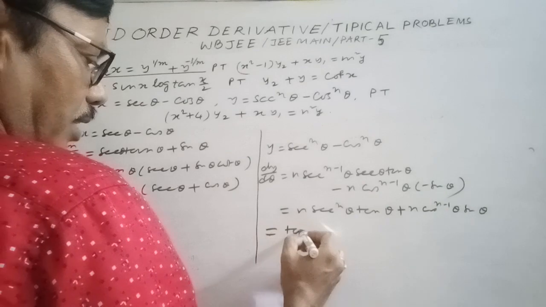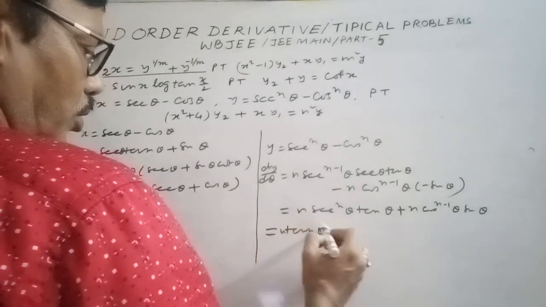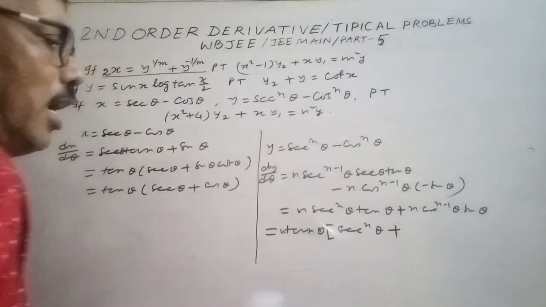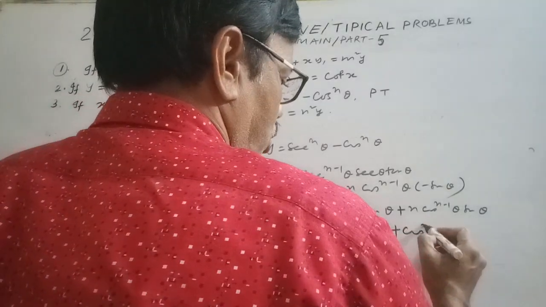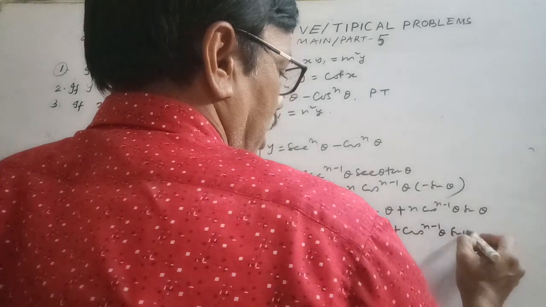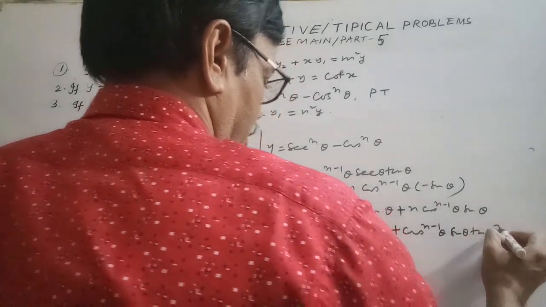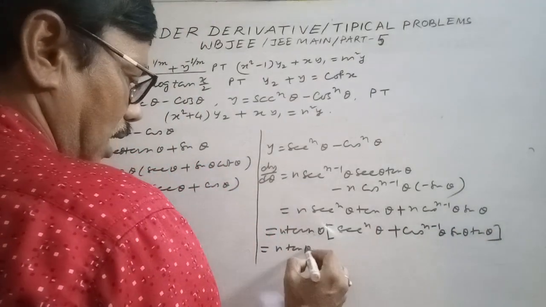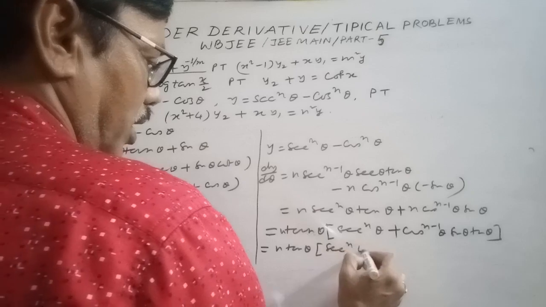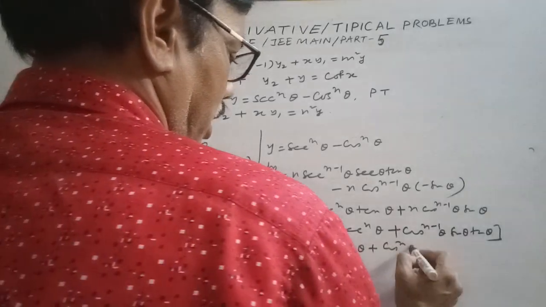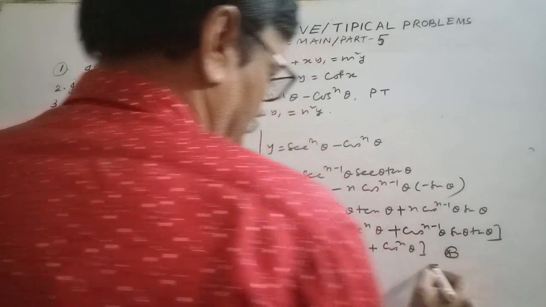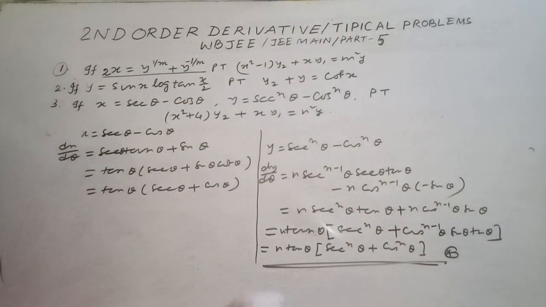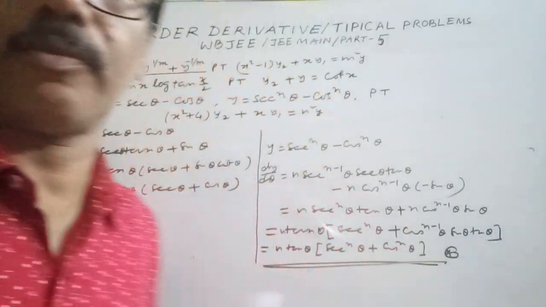Again taking n tan theta common, this is sec to the power n theta and cos to the power n theta into sin theta over tan theta. So sin theta over tan theta is cos theta. So n tan theta (sec to the power n theta plus cos to the power n theta). This is to be noted: you must write dy/d theta in this form.